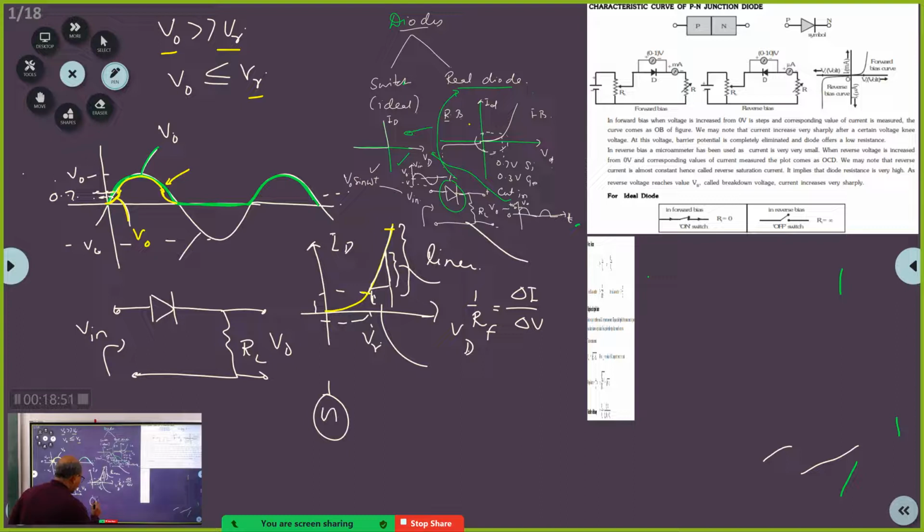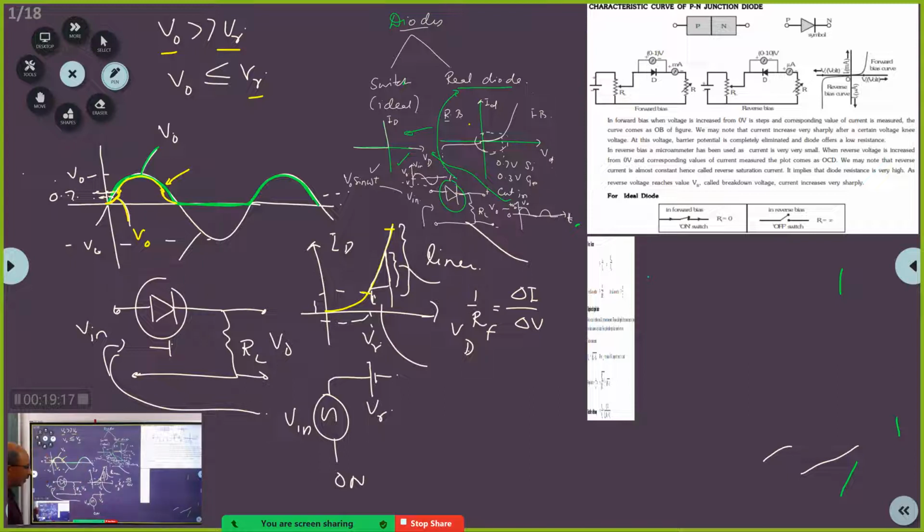This is V in at this point. Then this diode. When the diode is on, that is, when it is conducting, it has to overcome the cut-in voltage. So that cut-in voltage I will show like this, V cut-in. And then the diode resistance I will show like this, RF.